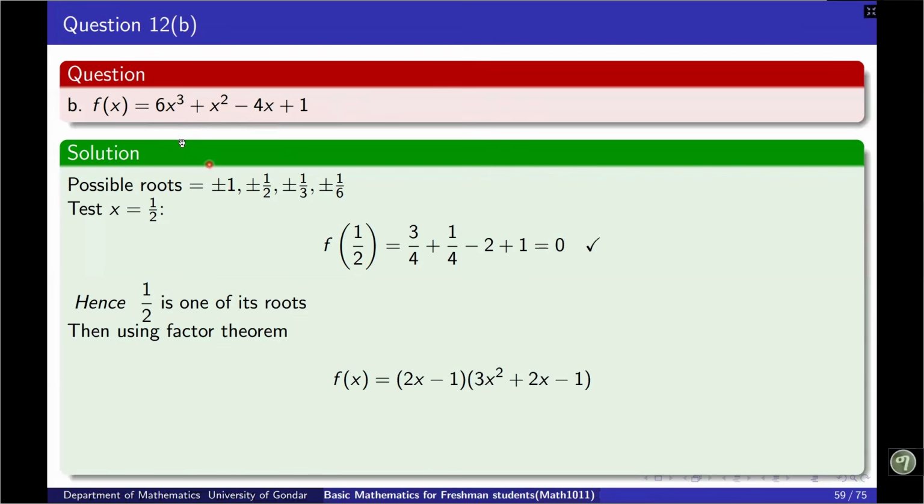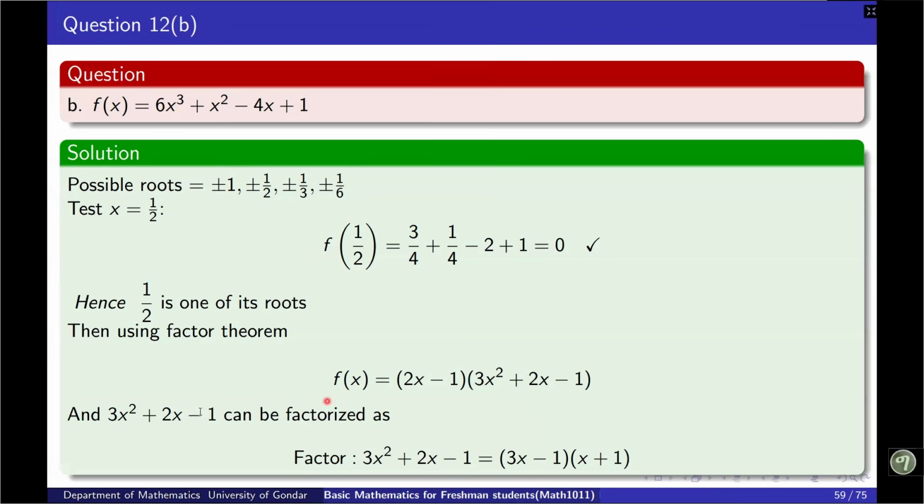So when we divide the cubic polynomial function by 2x minus 1, we have the quotient 3x squared plus 2x minus 1, which can also be factorized as 3x minus 1 times x plus 1.